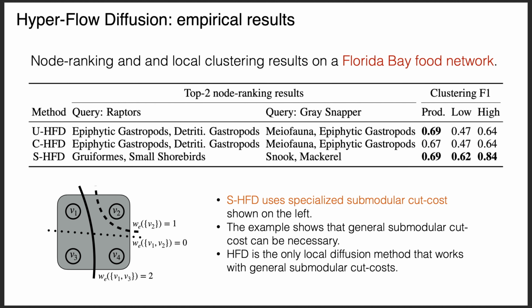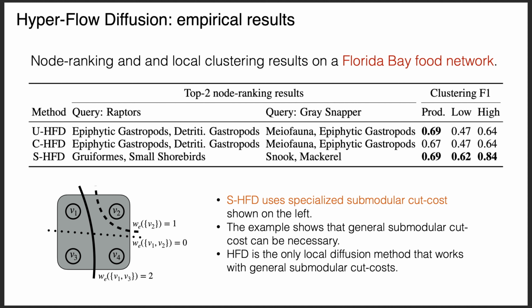Finally, as our last example, I'm going to show that specialized submodular cut cost can be necessary for getting good results in both node ranking and local clustering applications. In particular, I'm going to look at a Florida Bay food network. For node ranking, our goal is to search for the most relevant species of a queried species.